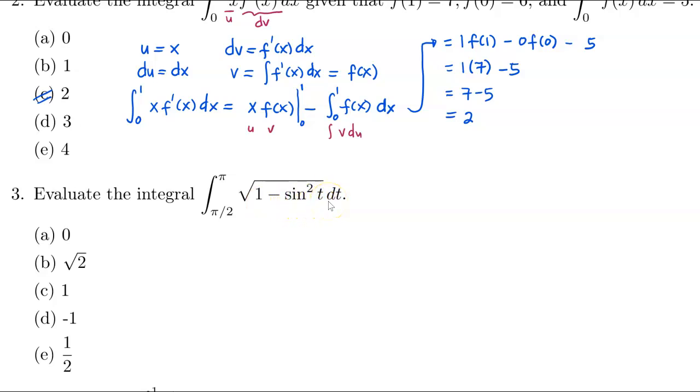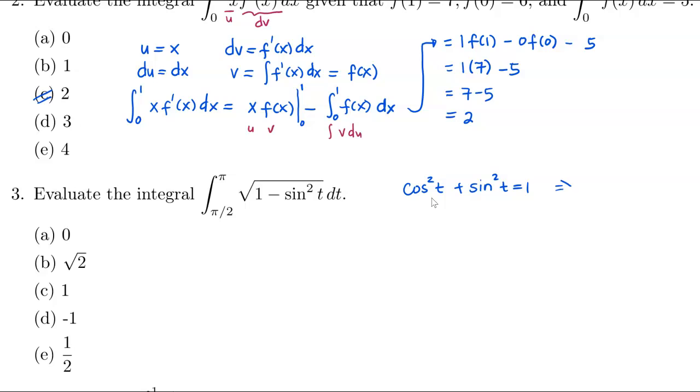If you recall, cosine squared t plus sine squared t is equal to 1. So if I move sine squared t to the other side of the equation, 1 minus sine squared t is just equal to cosine squared t.